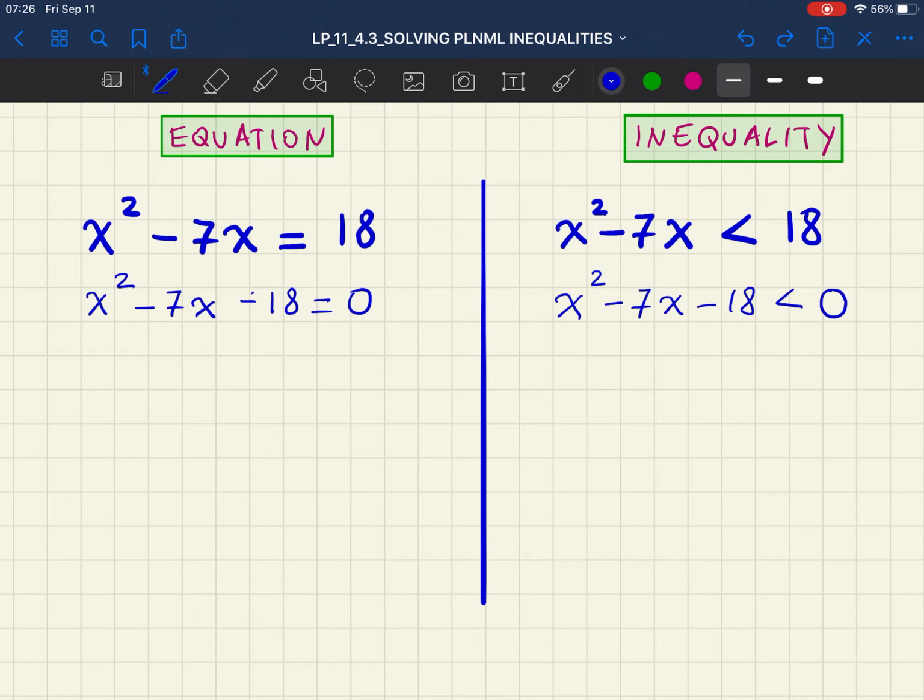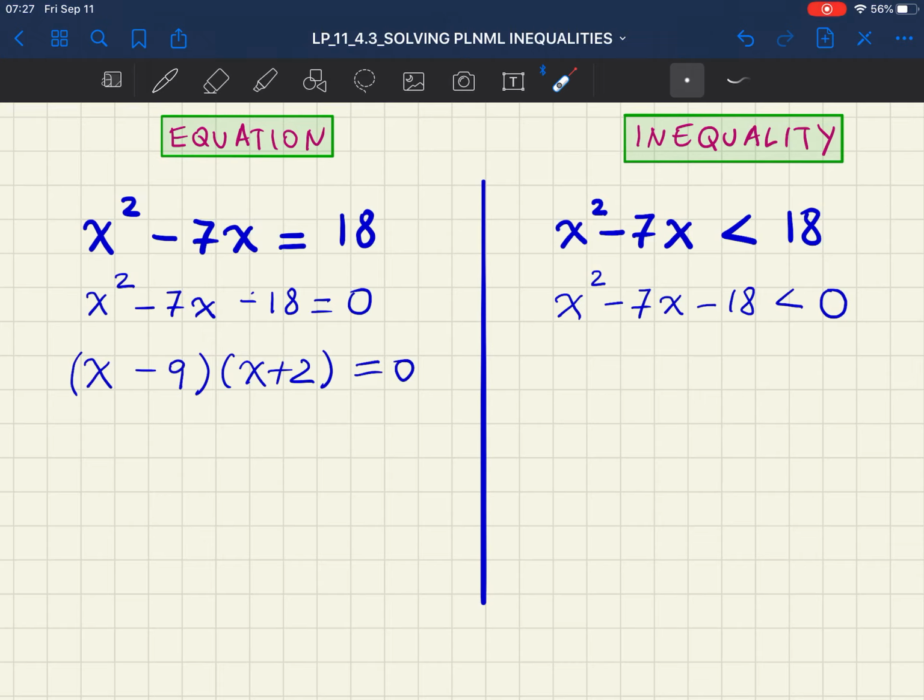The most common method of solving these will be factoring. So we're going to use the factoring method for the equation so we can compare it to solving inequalities as well. The factored form of this equation will be x minus 9, x plus 2.